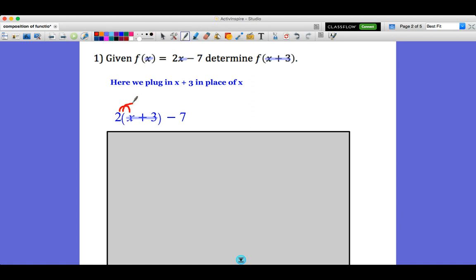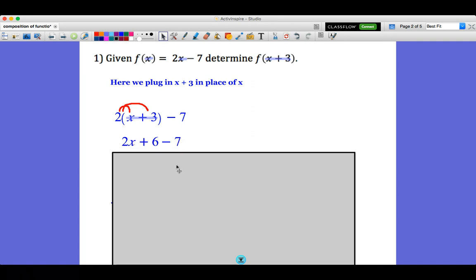So you're going to distribute the 2 to the x and the 3. So you're going to have 2x plus 6 minus 7. And then just be careful with your negatives. When you combine that 6 and negative 7, it'll be negative 1. Make sure you plug in Desmos or your calculator if you aren't too sure about negatives.